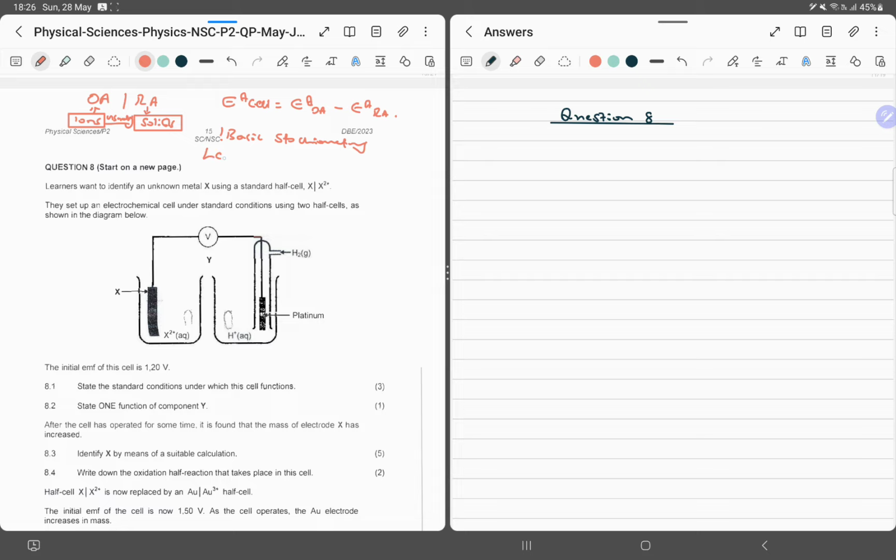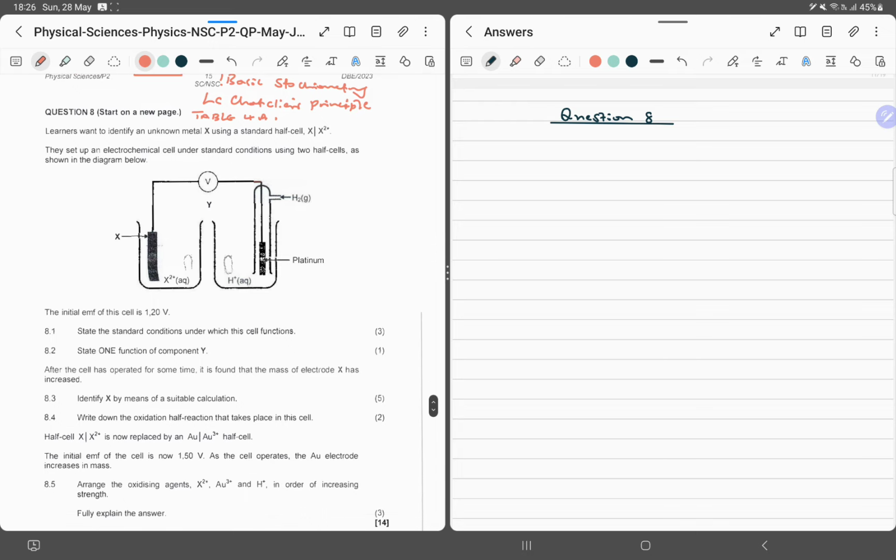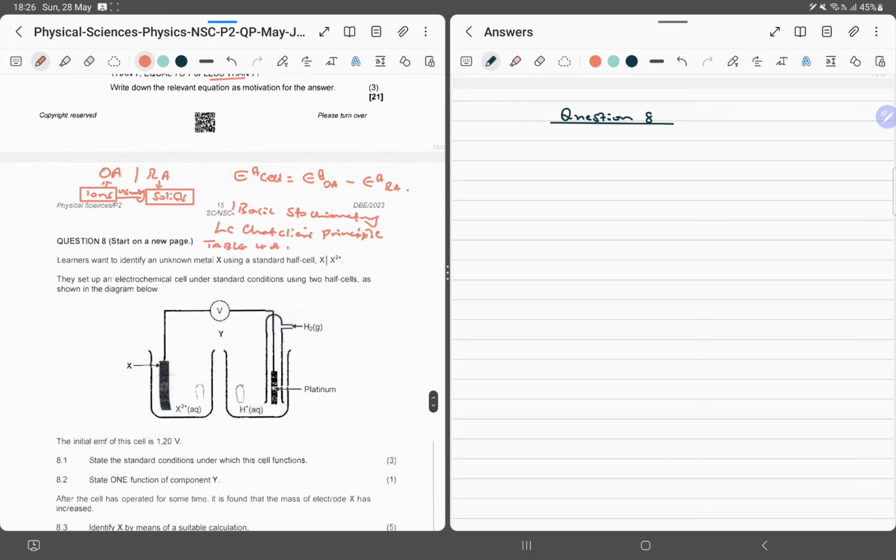And then, of course, Le Chatelier's principle applies here. And then the last thing, please know table 4A. That is your absolution, okay, and the periodic table in general. Okay, these are some of the things you just may want to think about and make sure you are clear.